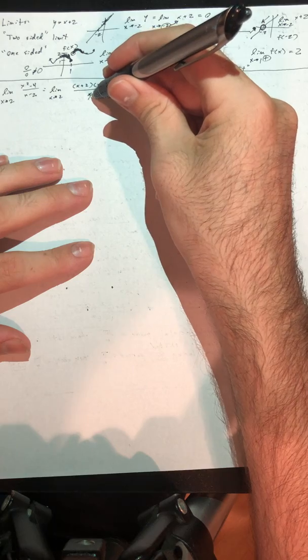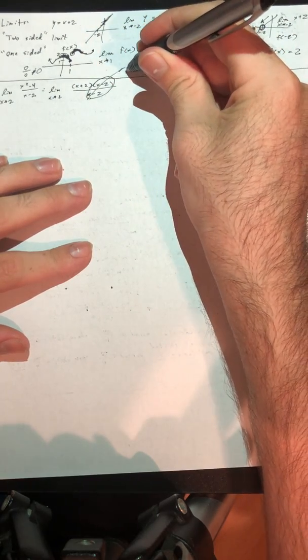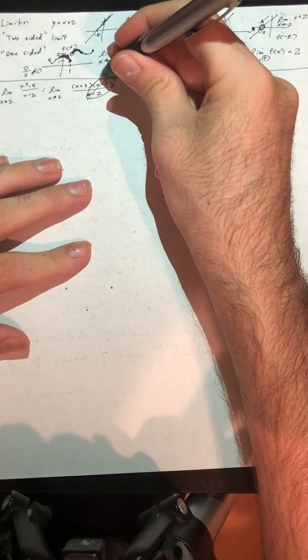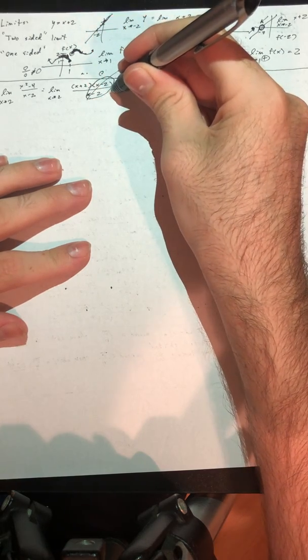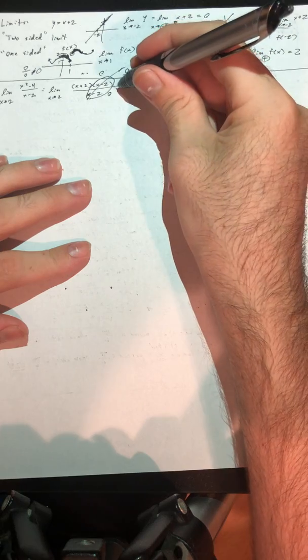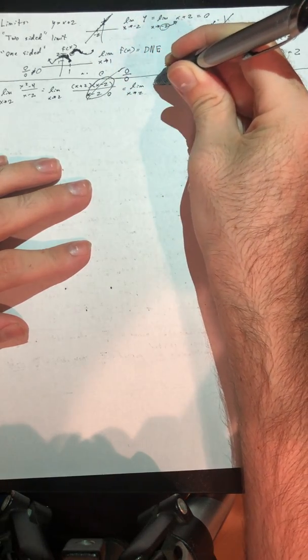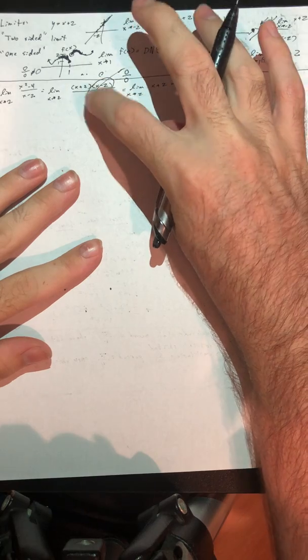This factor of x minus 2 is what's causing us to have a 0 over 0 indeterminate situation, 0 times some number over this 0 here. But when we remove that, we just have the limit as x approaches 2 of x plus 2, which is 4. Ta-da!